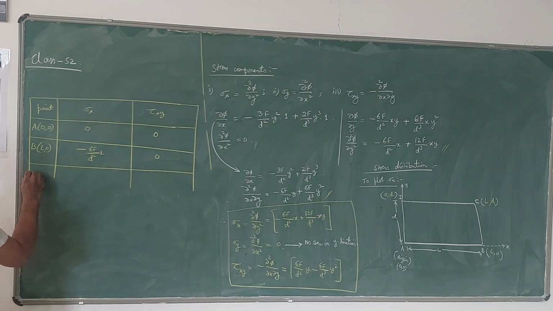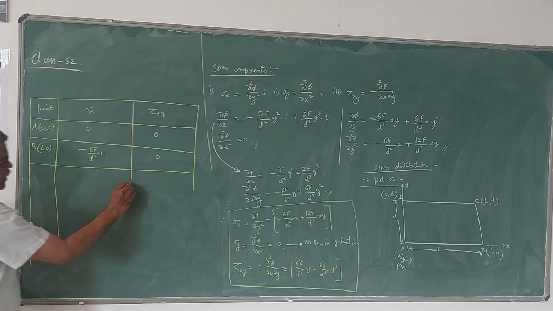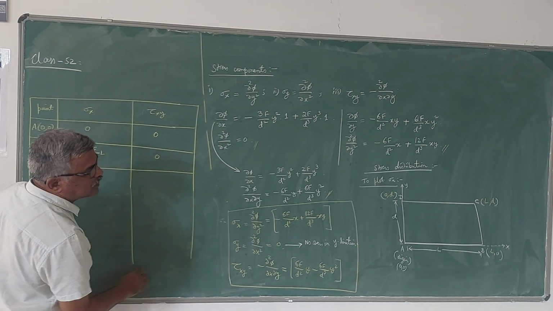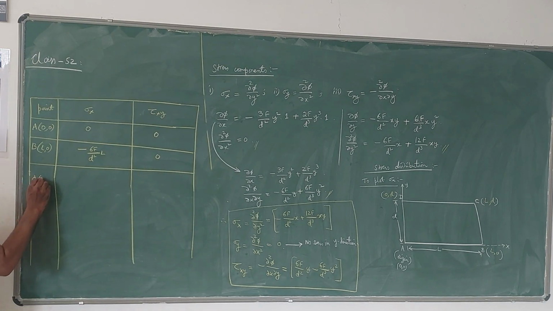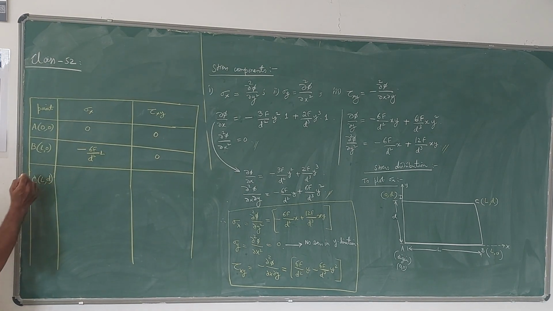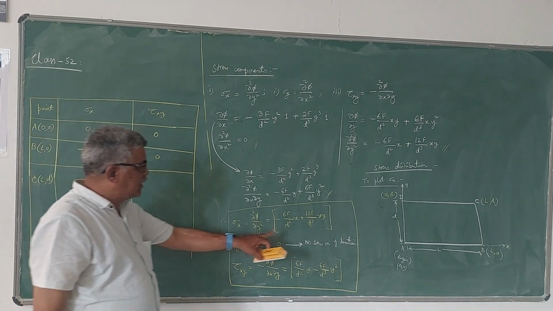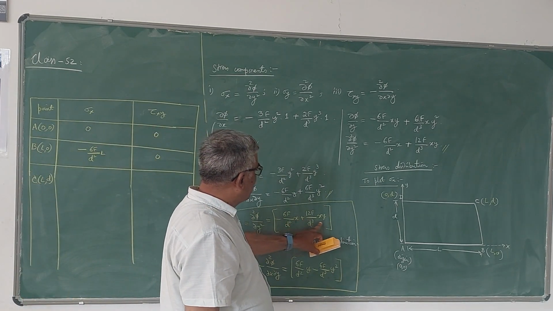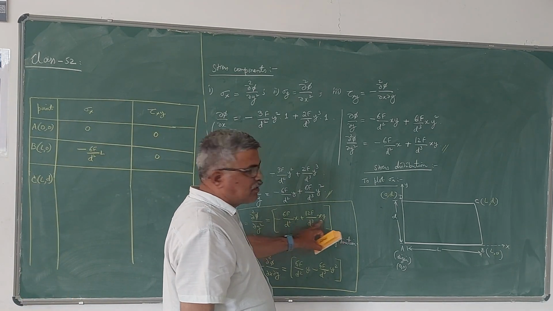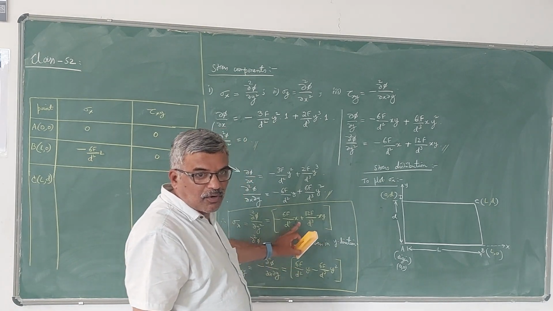Next, C. At C, you have L and D. X is equal to L, y is equal to D. So both the values will be there. You will have both the terms.